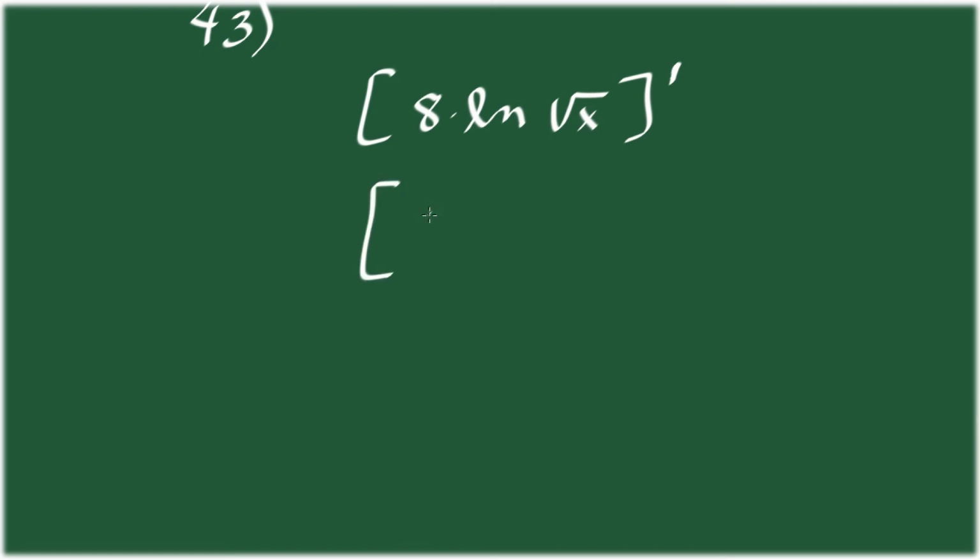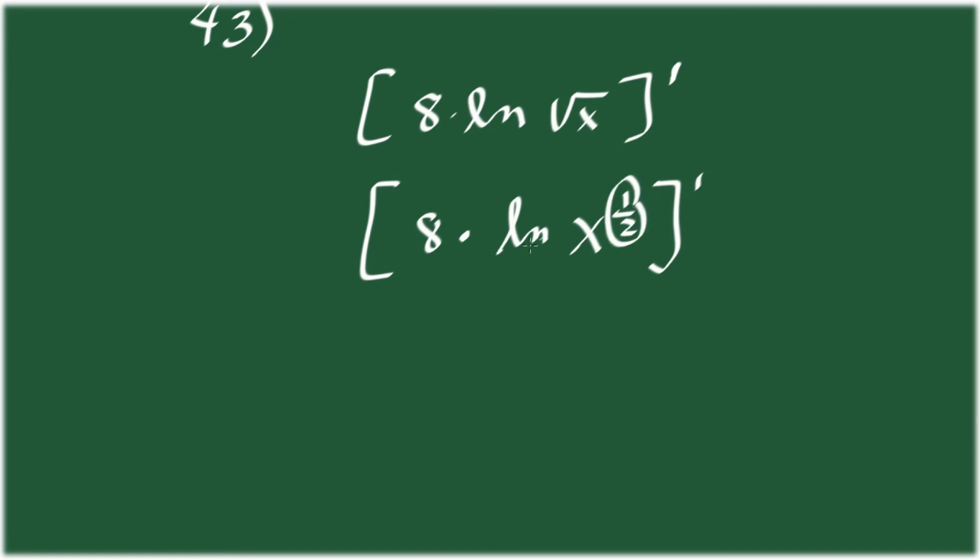Okay, let's do 43. Let's say you have to get the derivative of 8 log of square root of x. So this time we have a coefficient on our natural log. What we do is rename again that natural log of square root of x as natural log of x to the 1/2, and then use the property of log.